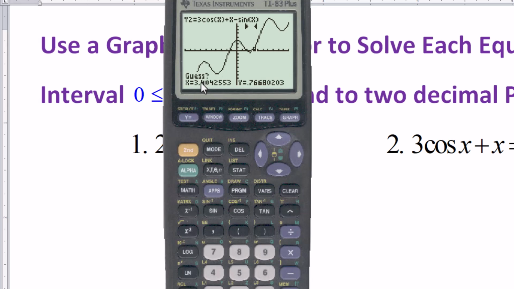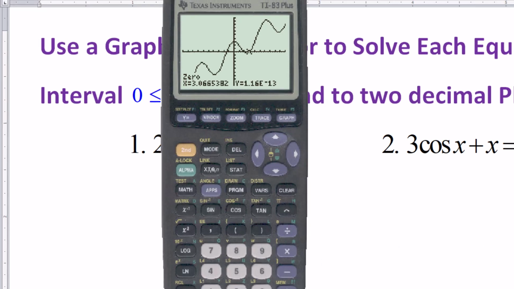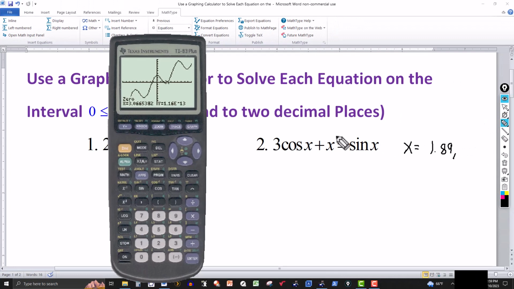And then for the guess, you can ignore that, hit enter. And you can see it tells you it's a zero. And the y value is very small here, so this is really close to 0. It's the approximation there. So the next solution for this one, to 2 places, is 3.07.